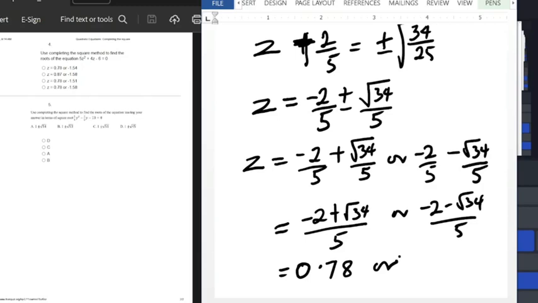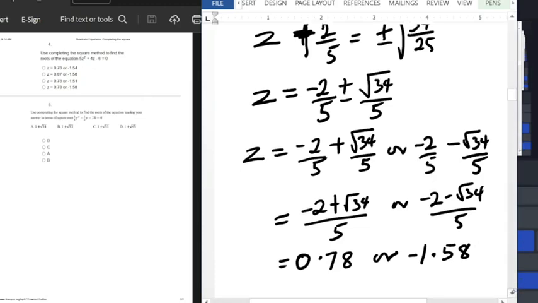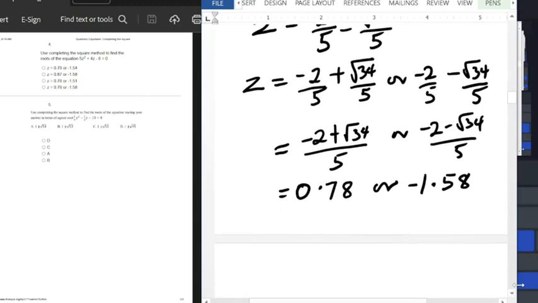This gives you minus 1.58. So that is the answer. We have 0.78 or minus 1.58. That's option G.